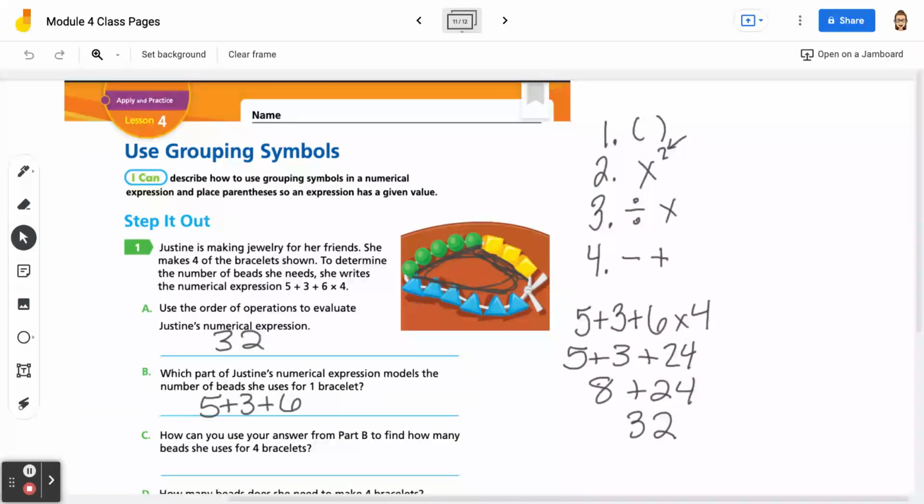So how can you use your answer from part B to find how many beads she uses for 4 bracelets?